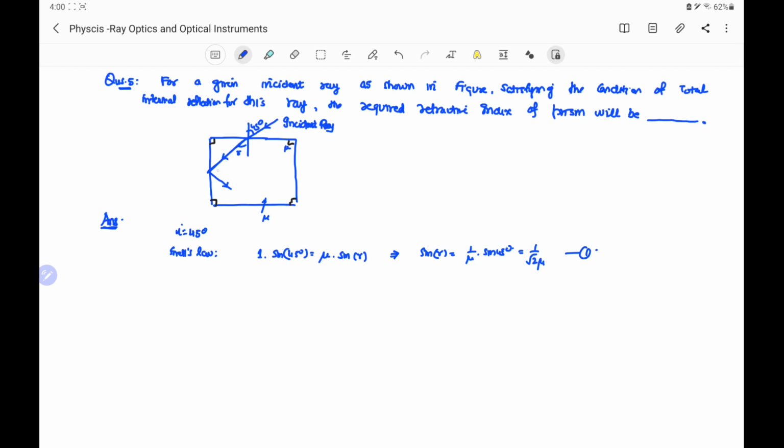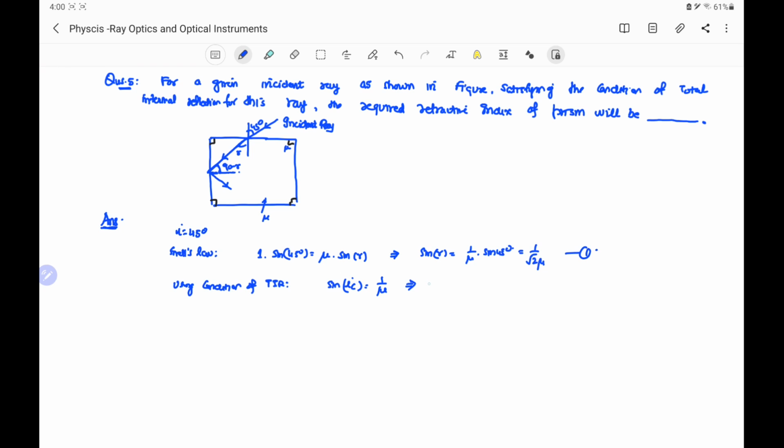Now the ray is incident on the second interface, and here it gets totally internally reflected. So the angle of incidence on the second interface will be 90 minus R. Therefore, using the condition of total internal reflection, sin IC is equal to 1 by mu.